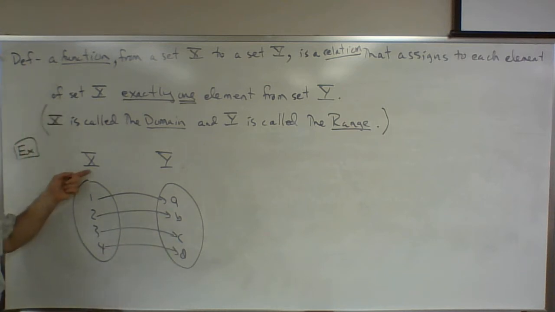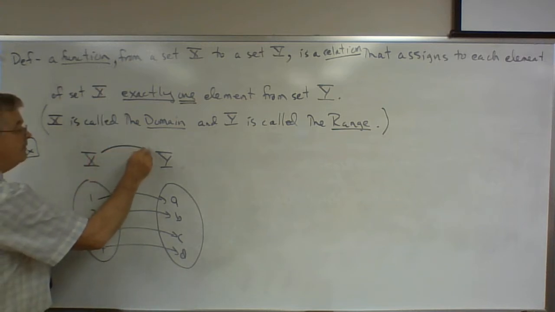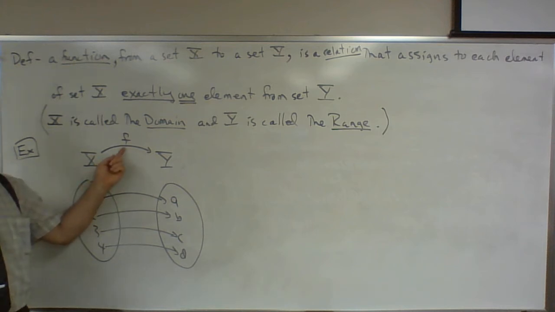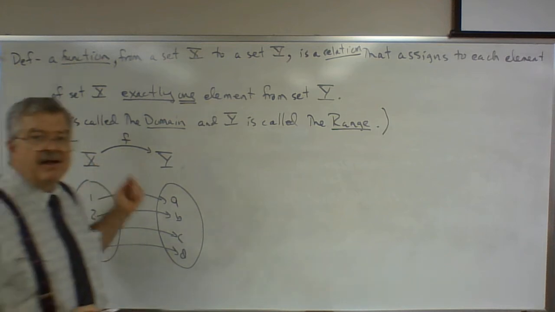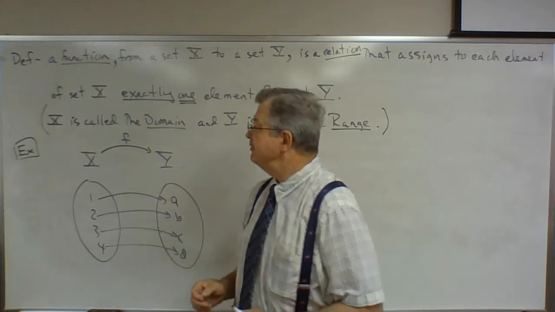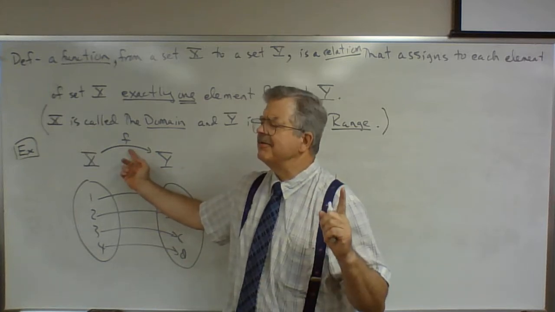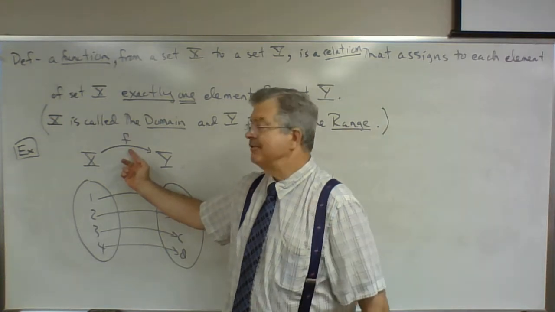And when I work with functions, I like to give them names, and oftentimes we give our function the name f. Some very smart person centuries ago thought of this and said, hey, how about f for function? And it stuck.